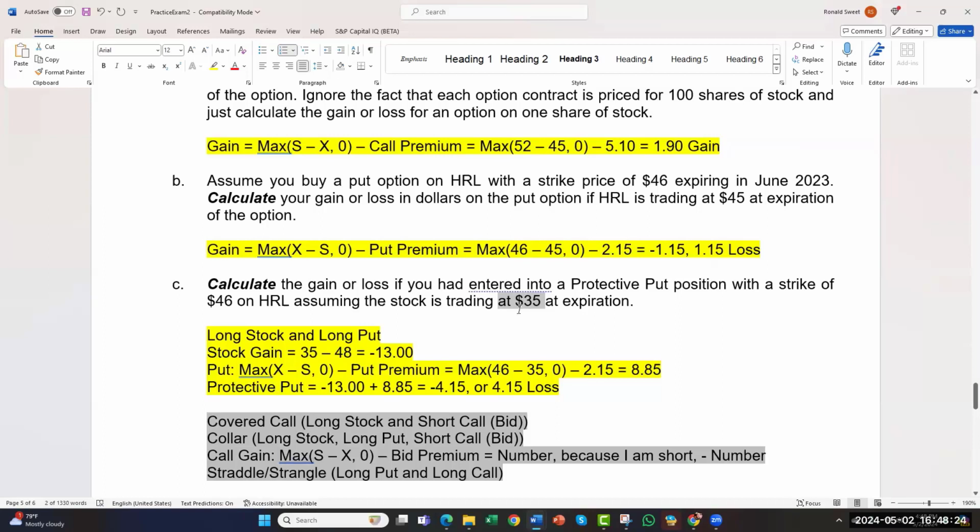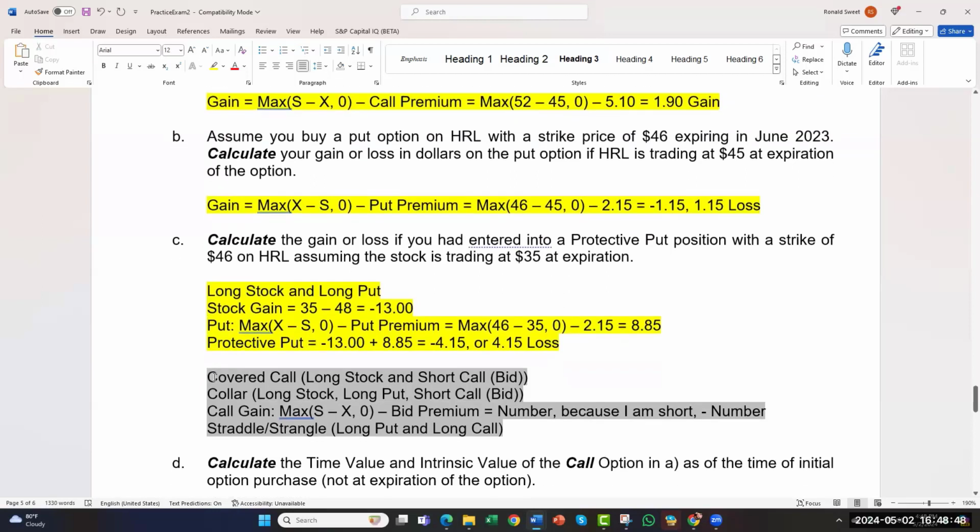So it's always the same formula. It's the ending value minus beginning value. Right, but what I'm saying is, in the protective put, the first part that you did was the long stock, that was the stock gain, the 35 minus the 48, and then you did the long put, which was the max. So in the covered call, you would do the same thing for the first part.